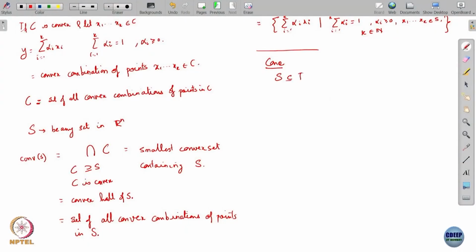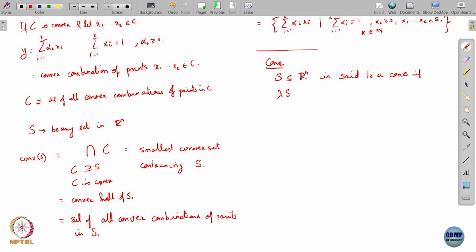A set S, which is a subset of Rn, is said to be a cone if the following holds. What I want to do is take some alpha times S, or let me use a different notation, let me use lambda here.